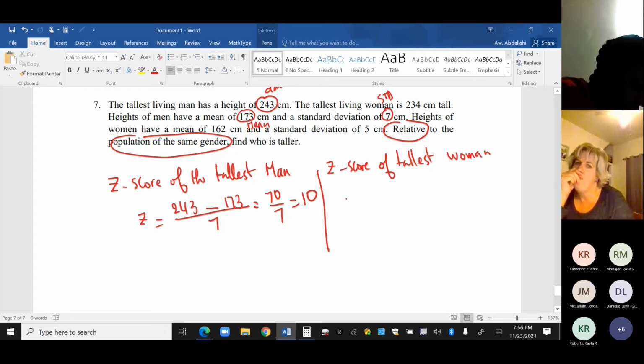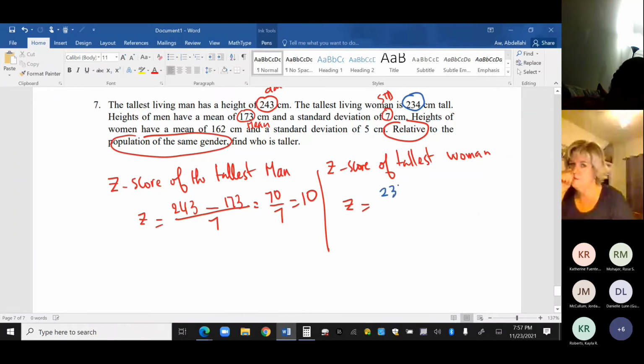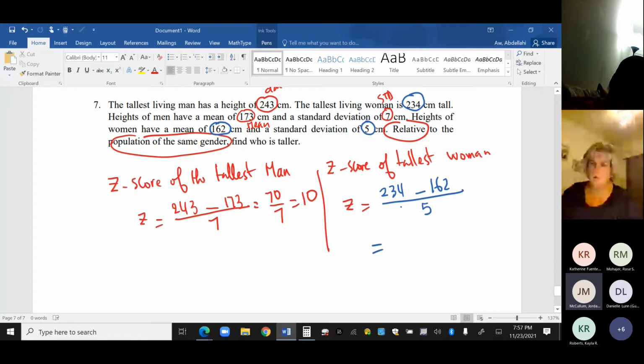What is the z-score of the tallest woman? We do the same thing. What is the data? 234, minus the mean for the woman, 162, divided by 5. 234 minus 162 is 72, and 72 divided by 5 is 14.4.